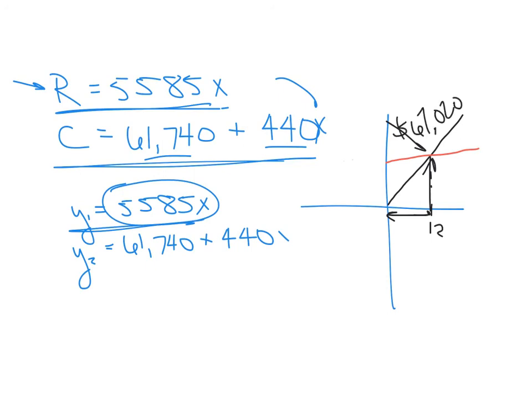There's no way you can look at that graph and figure that out, but you can get an idea that I don't have to sell tons and tons of these in order to hit my break-even point. I just have to sell, according to this, 12. This is 12,000 tons, but we're just using regular old numbers here.